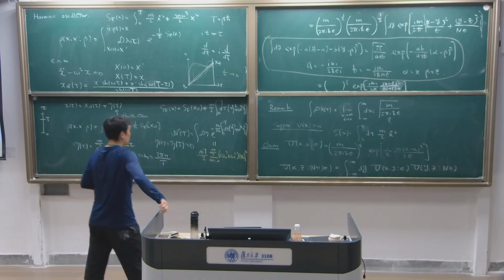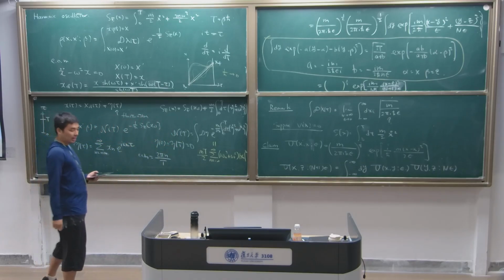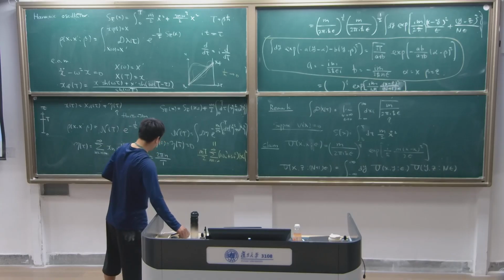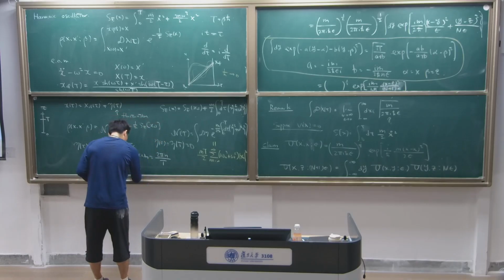That's the Fourier decomposition. And sometimes this omega_n is called the Matsubara frequency.